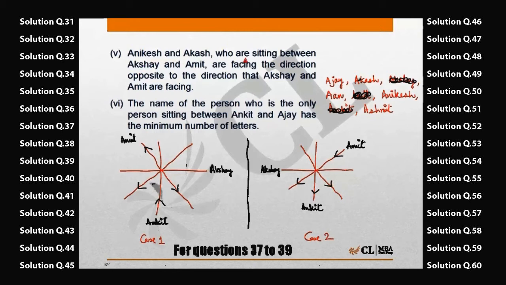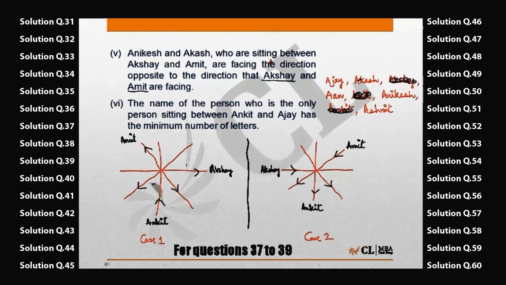Anikesh and Akash, who are sitting between Akshay and Amit, are facing the direction opposite to the direction that Akshay and Amit are facing. That implies Akshay and Amit are facing the same direction. Here Amit is facing outside, so Akshay will also face outside. If Amit is facing inside, Akshay will be facing inside.